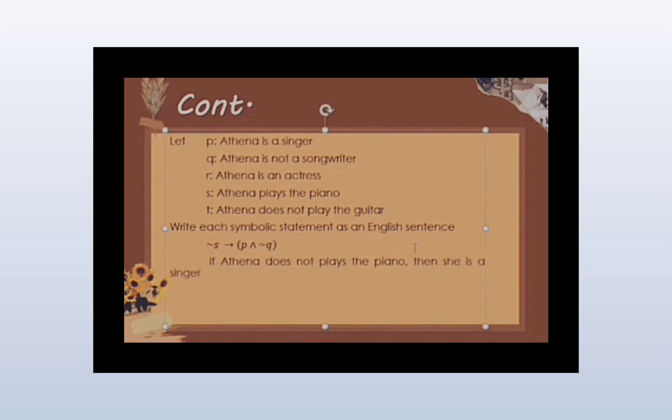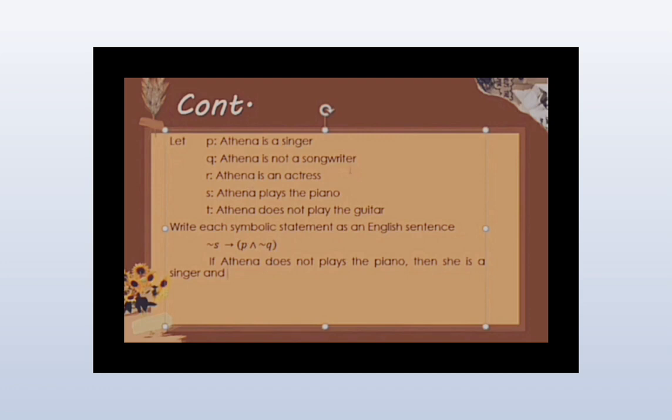Then we use a connective and R, Q is a songwriter. So, since it is a negation of Q, therefore, we let Q as Athena is not a songwriter.